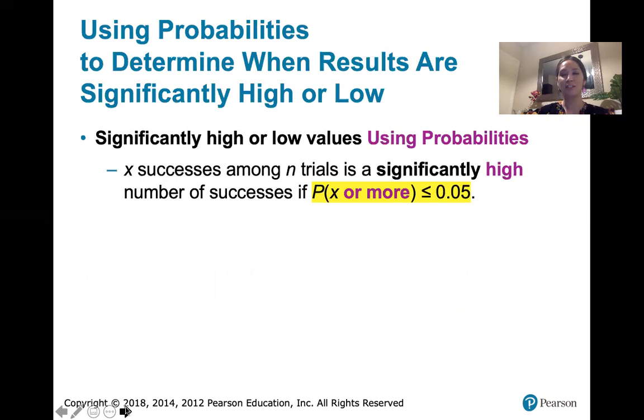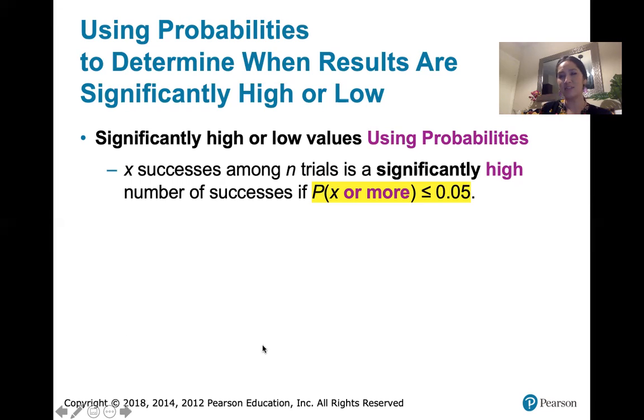They're always proportions or sometimes fractions, but it's helpful to translate those into percentages. So this is saying that the probability of having X successes or more is less than or equal to 5%.